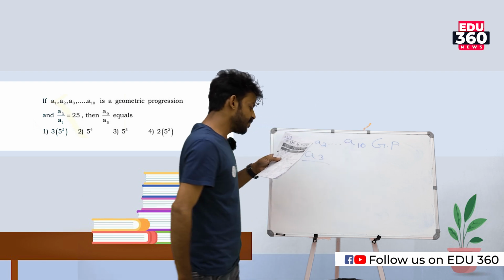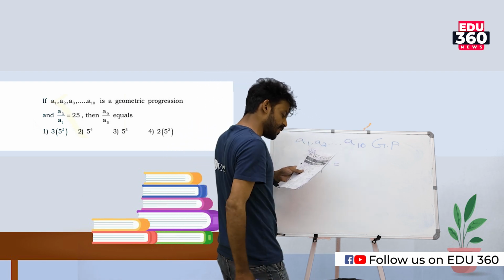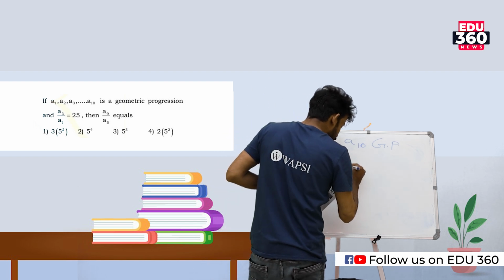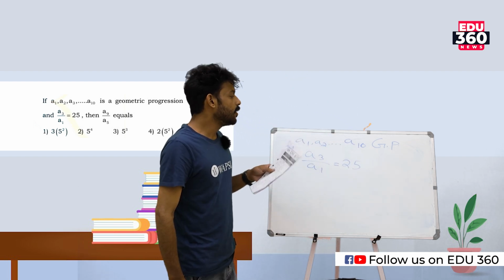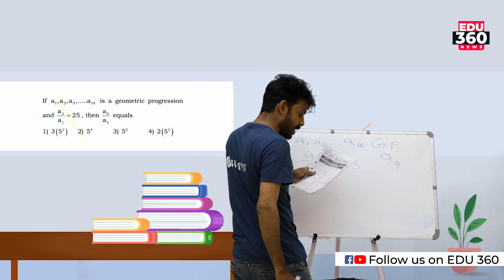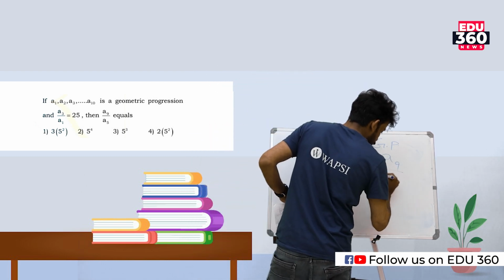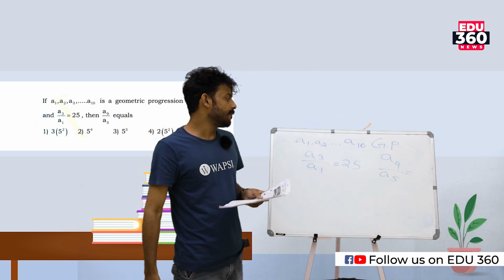It's given that a3 by a1 is equal to 25. They are asking us to find a9 by a5, so we need to find the value of a9 by a5.